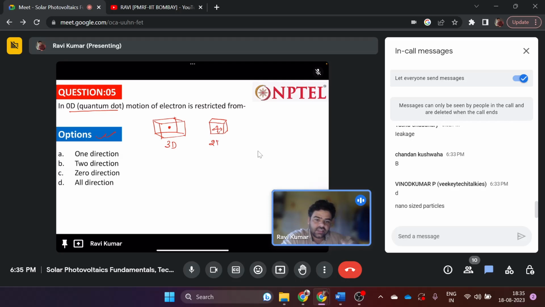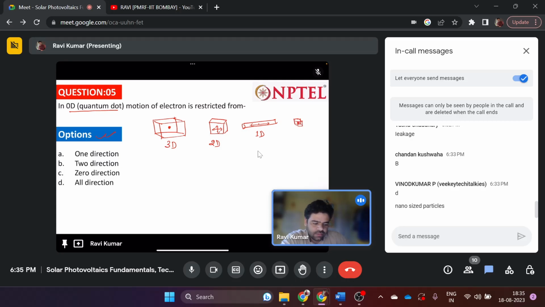Then if we restrict it from two directions, it will move only in one direction, this way or this way. So this is 1D. But for the quantum thing, we are restricting a particle from all direction, so we get a dot structure.